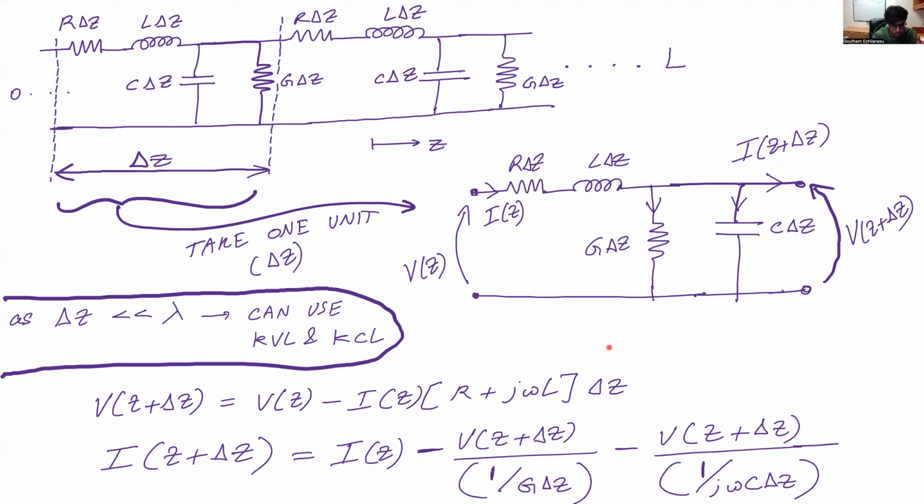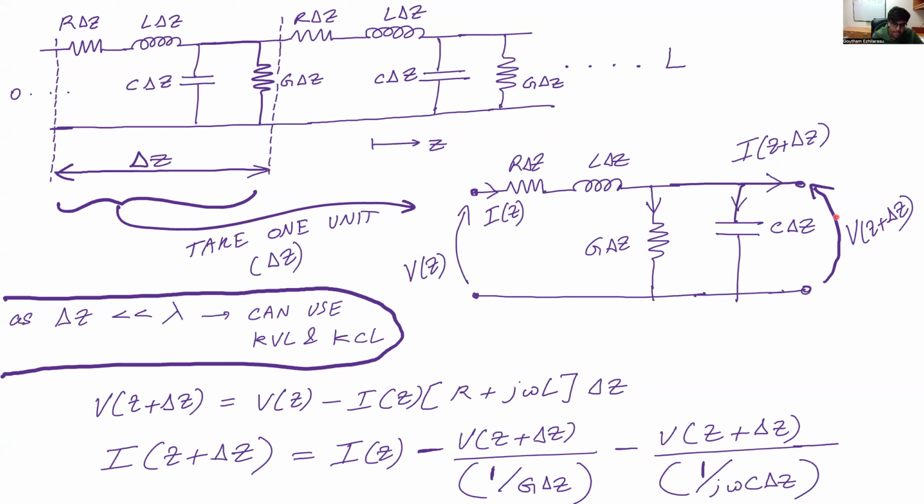If that assumption holds, then there's not going to be much phase difference in the signal from one side to the other of this differential element, and therefore we can model this differential element as a lumped element model, and therefore KVL and KCL apply.